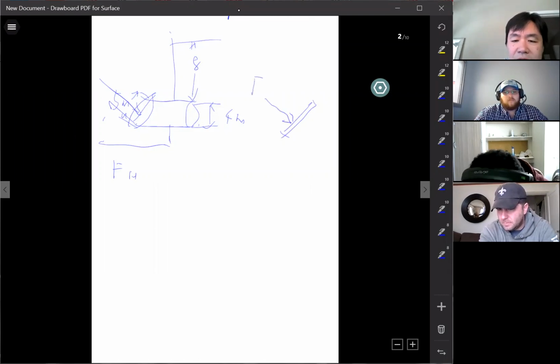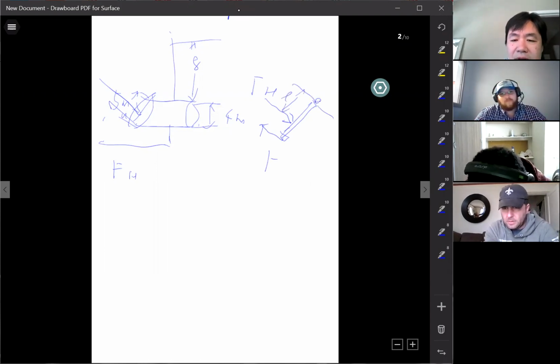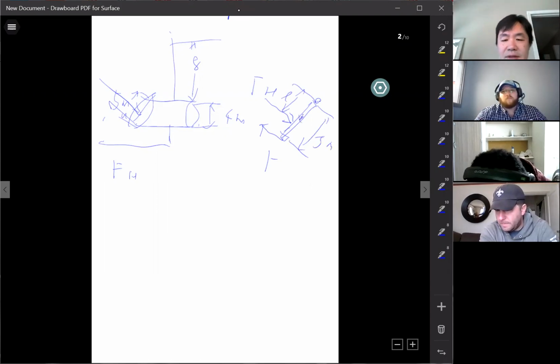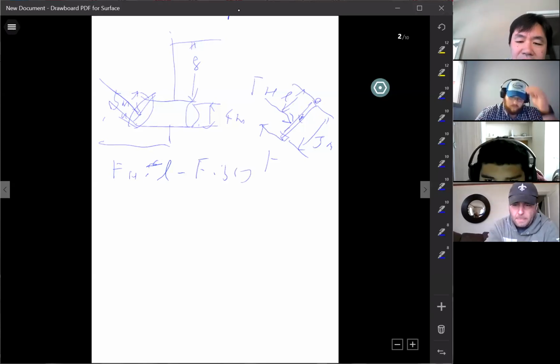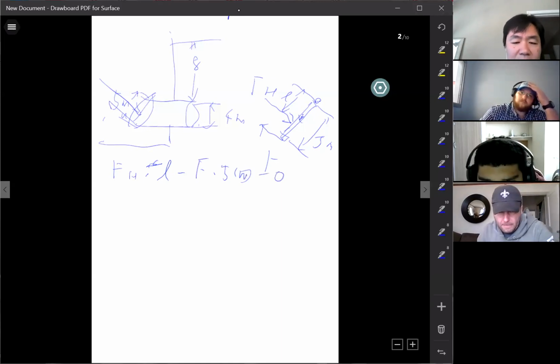FH, F. This is L. This is phi. This is the central location, okay? So FH times L minus F times phi equals 0, okay? So our goal is to find out.